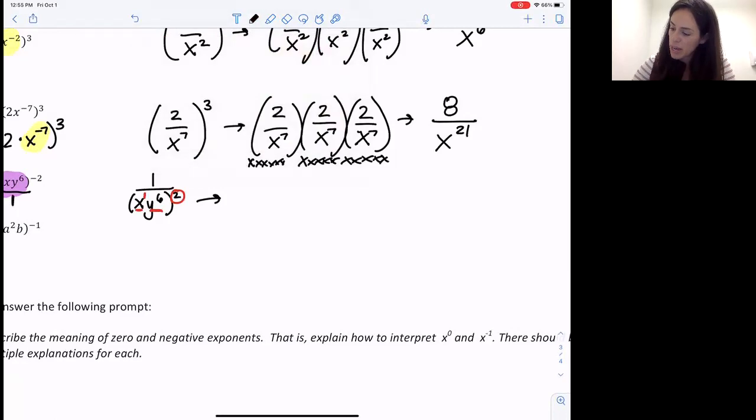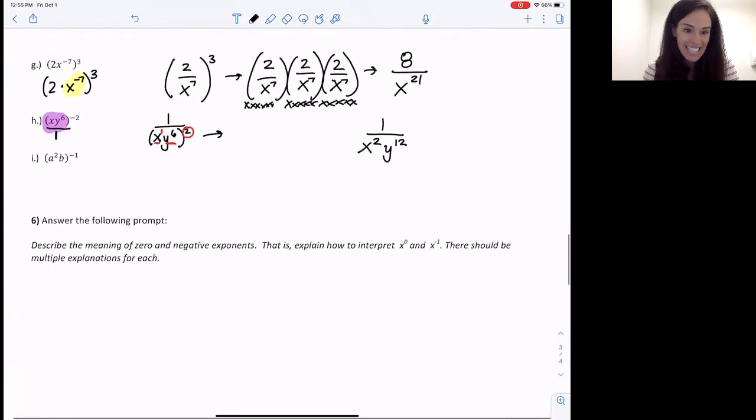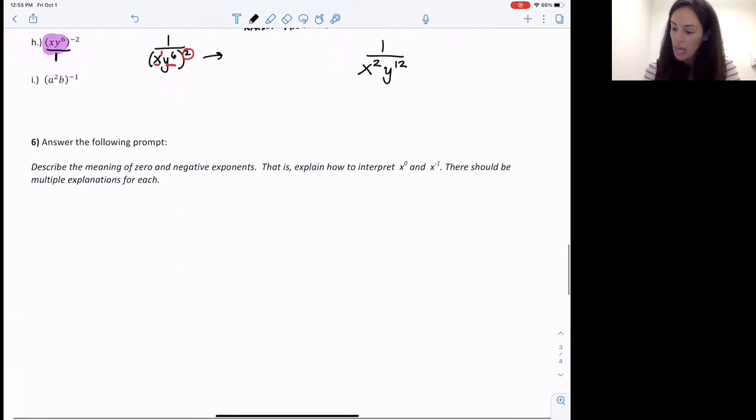So what is that going to become? Well, it's going to become x squared, because 2 groups of x to the 1 is 2 x's, and then y to the 12th, because 2 groups of y to the 6th will be 12 y's. Okay? I hope this is making sense to everyone.